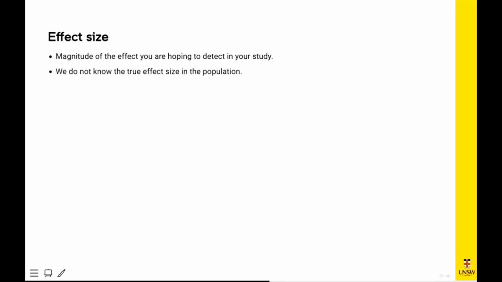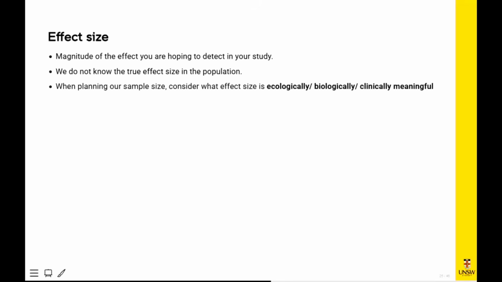Remember that we don't really know what's going on in the population, but an effect size is something that, if it existed in our population and is reflected in our sample, is interesting and meaningful, and is something that's really neat to find out.